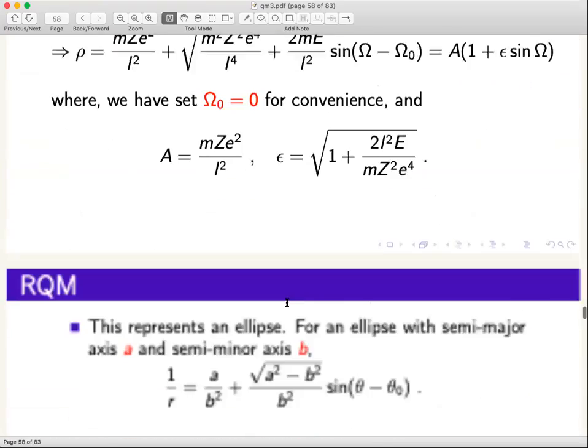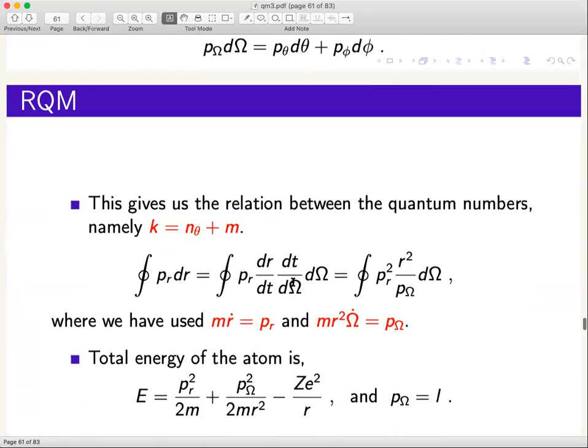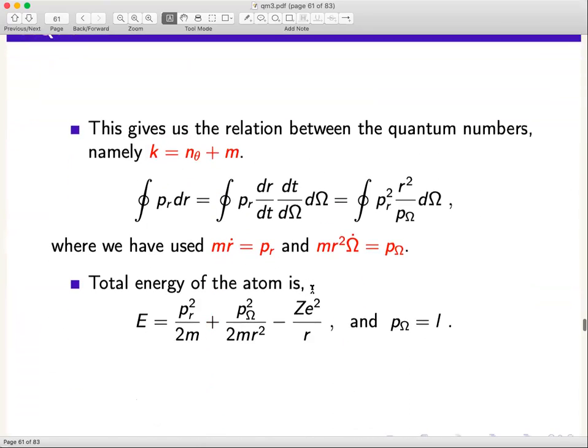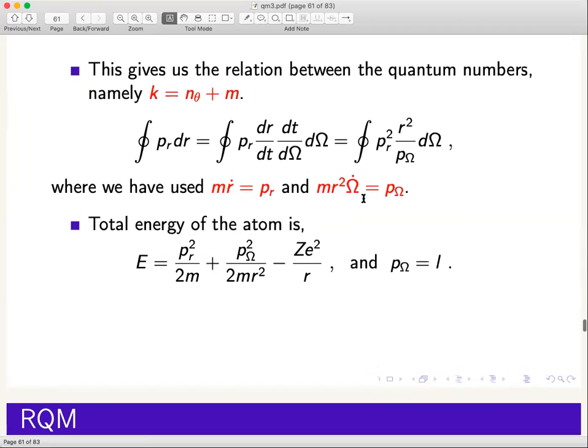So using that, we could write down this expression as PR squared. Anyway, I have written it out here so that I don't have to go back and forth. So this expression therefore becomes PR squared times R squared upon P omega squared d omega. What we have done is we have used R dot, which is dr by dt, is equal to PR upon m.